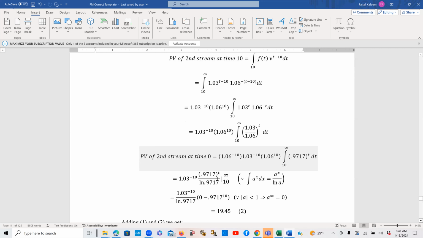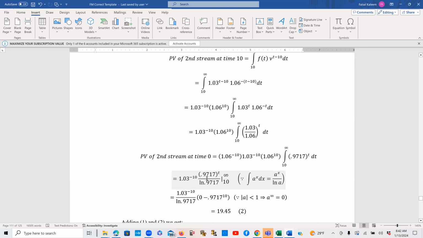So the 1.06 to the negative 10 and 1.06 to the positive 10, they multiply to give you just a 1. So we are only left with 1.03 power negative 10. And then this is the integral of a constant power a variable. And we know that a power x integrates to a power x divided by ln a.